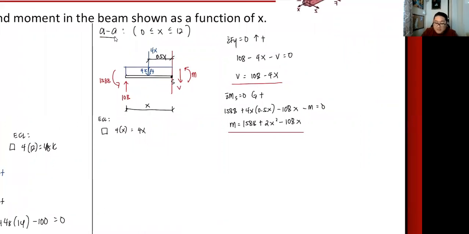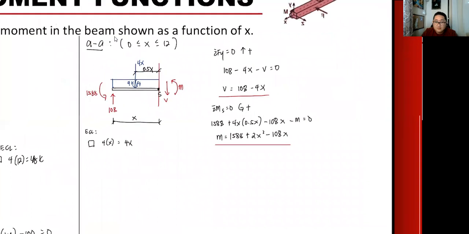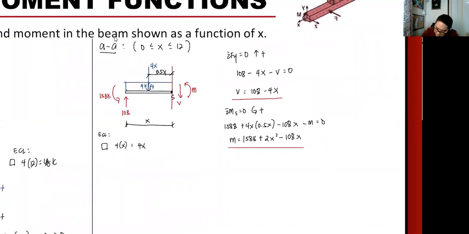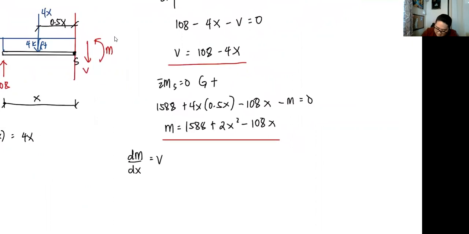Ang kasunod na lang is to check kung yung derivative ng moment with respect to x ay equals to dun sa shear natin. So, going back to your differential calculus, no? So, derivative ng constant will be 0. This will be 2 times 2 x to the 2 minus 1 times 1.